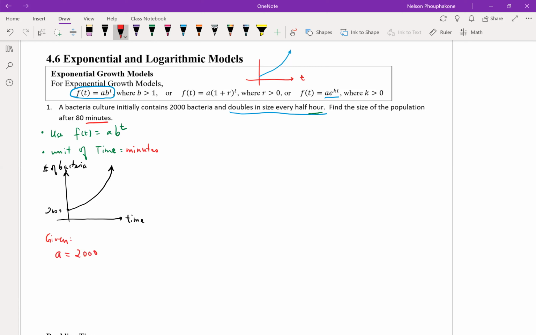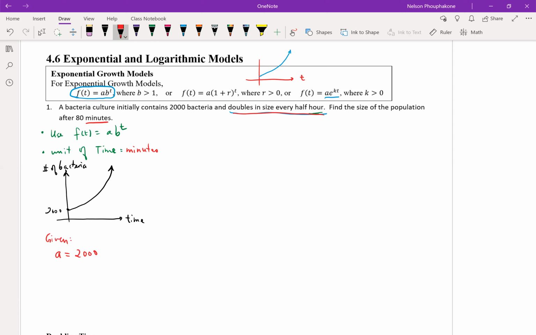What other information could I use? We double in size every half an hour. How do we convert this into useful information? It means that every 30 minutes, the size doubles.